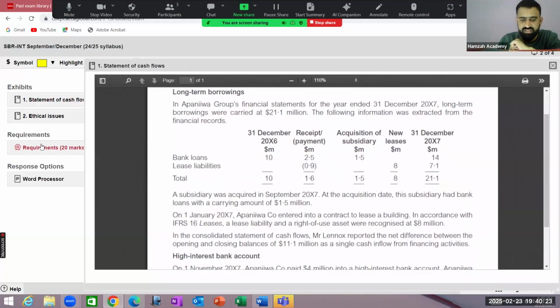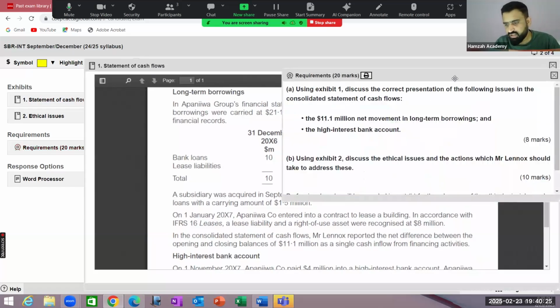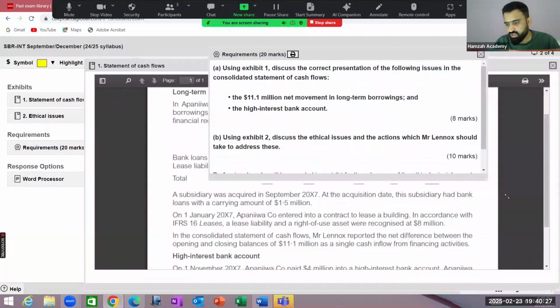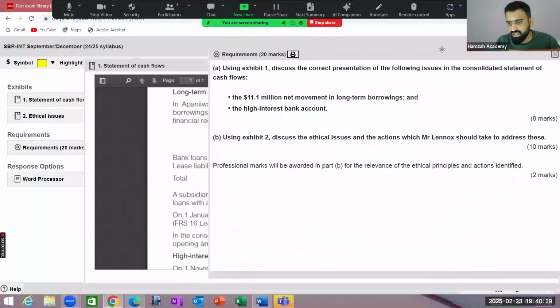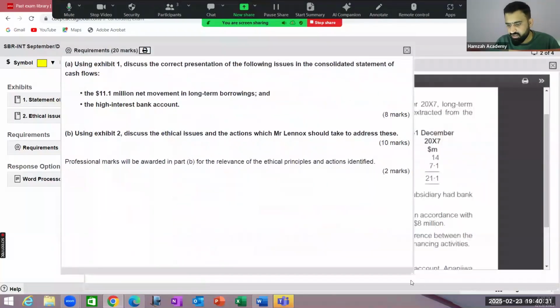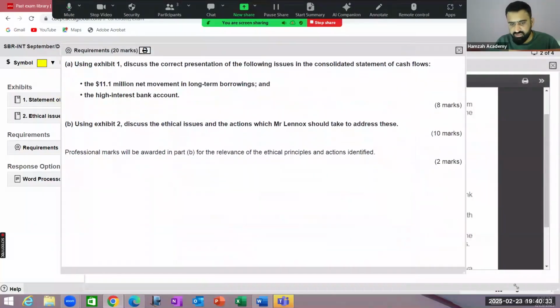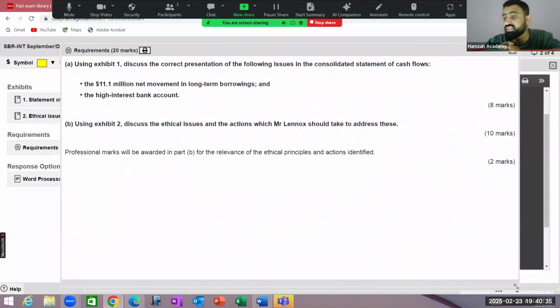And let's read the requirement as well. While reading the question, we can discuss the solution. I have already written the answer, so we will go through those written answers as well.